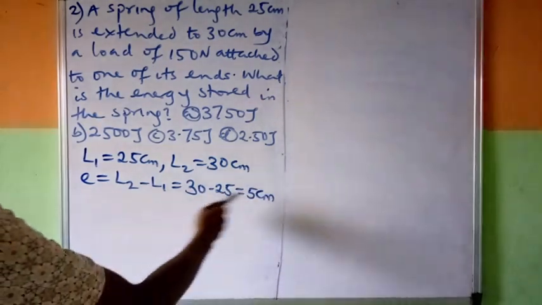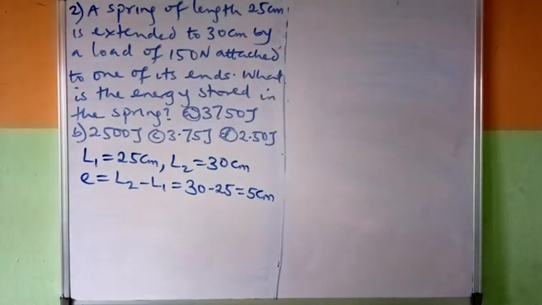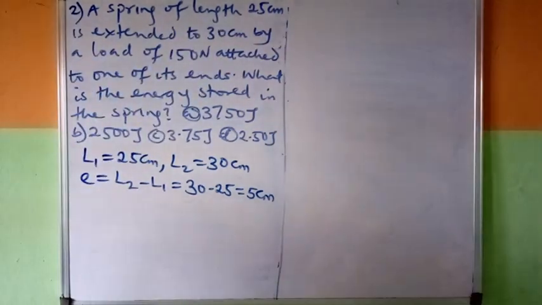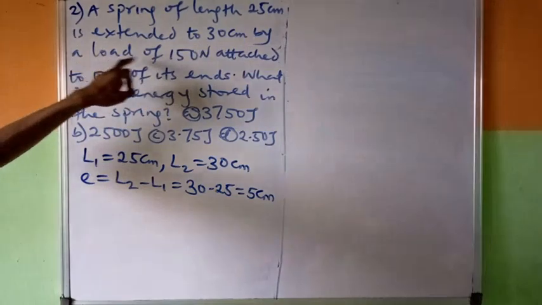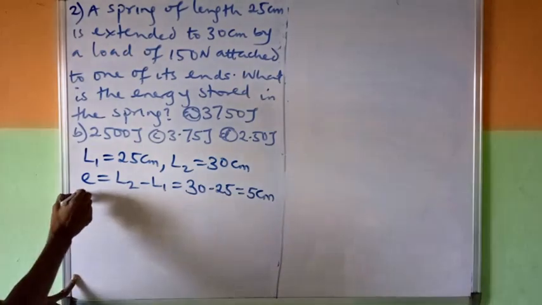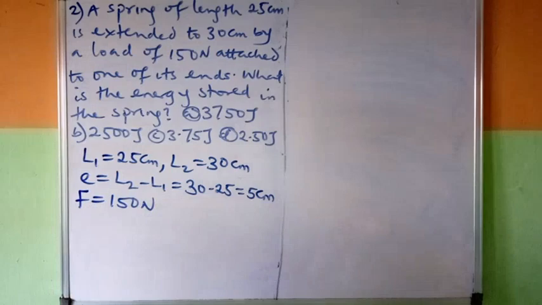So that is the extension. What caused this extension is a load, which is a force of 150 newtons. So what is the energy stored in the spring?